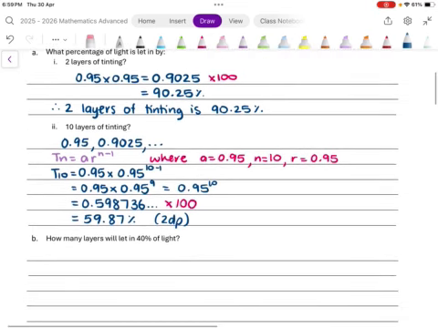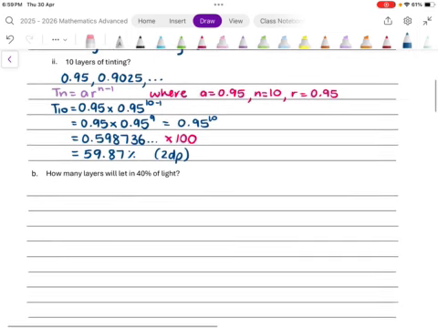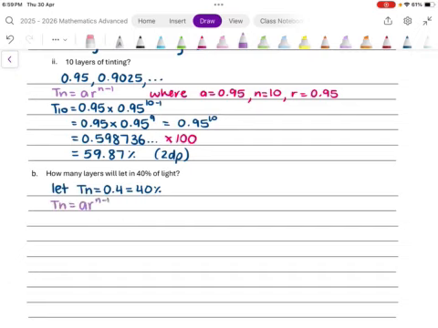Part B of this question asks us how many layers will let in 40% of light. So what this means is we want to find when Tn is equal to 0.4, for what nth layer, and that 0.4 has come from 40%, just converting it back to a decimal. So again, we want to use our Tn formula, a r to the power of n minus 1.